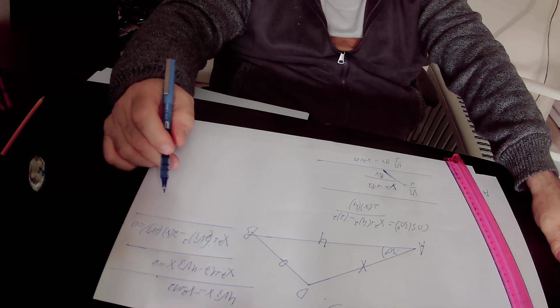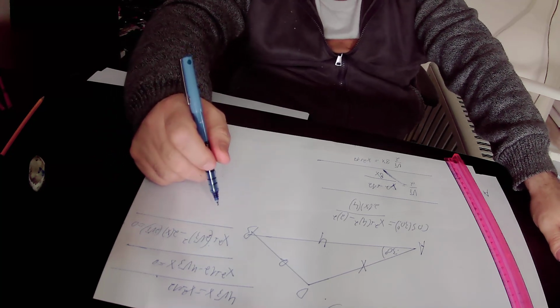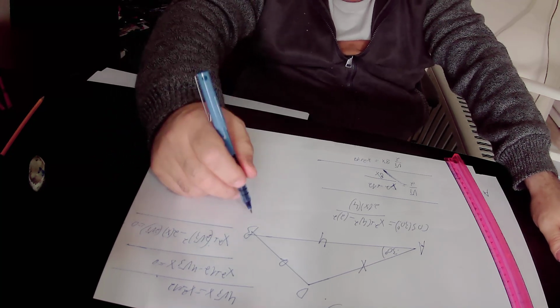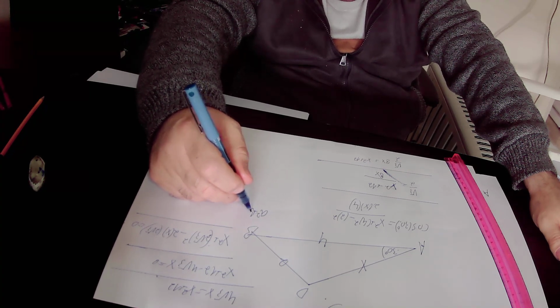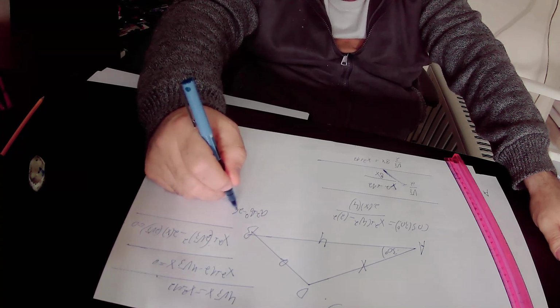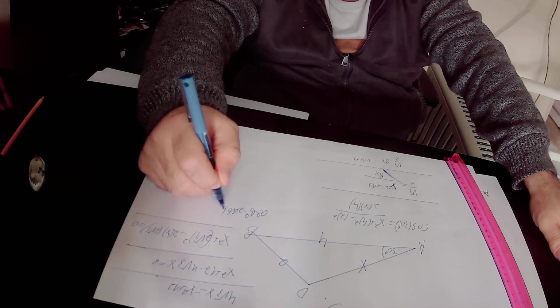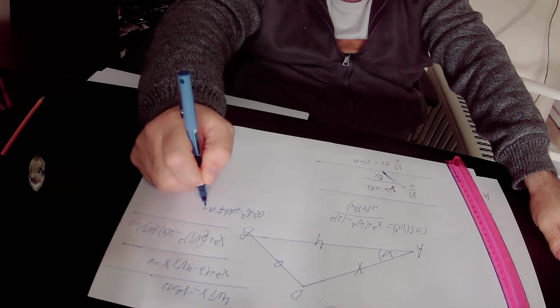Actually, this expression is very similar to the algebraic identity that states that a squared plus b squared minus 2 times ab equals a minus b squared.